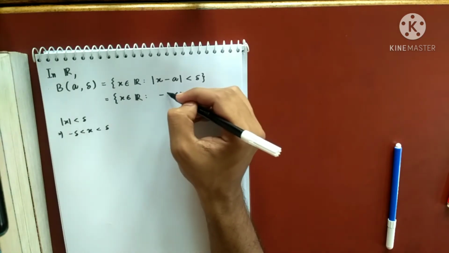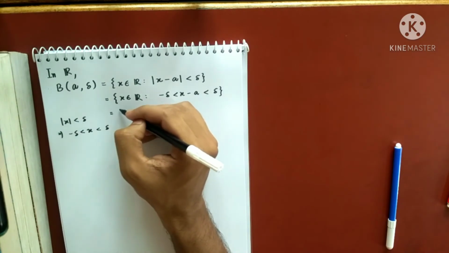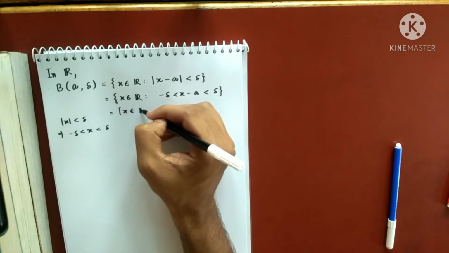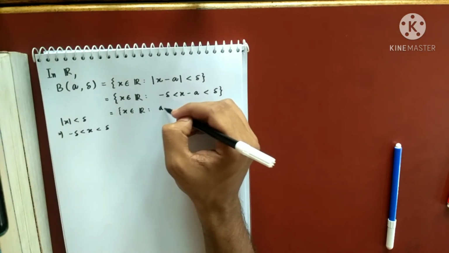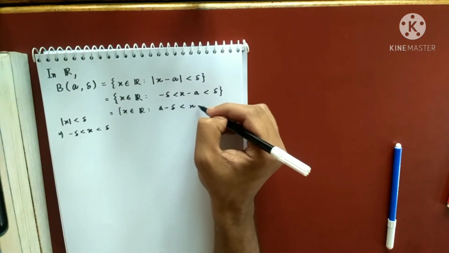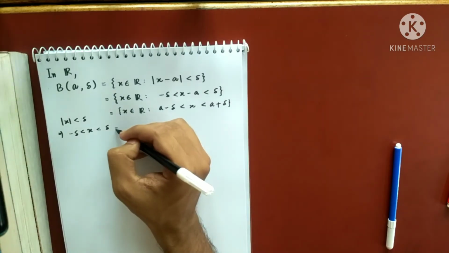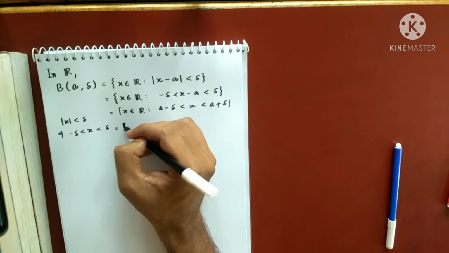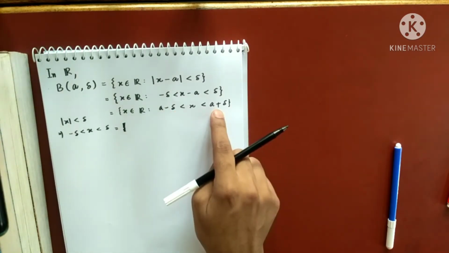Next, all those x in R such that, I will just add a throughout, so this will become a minus delta less than x less than a plus delta. What is this? All those x in R which lie between this and this.